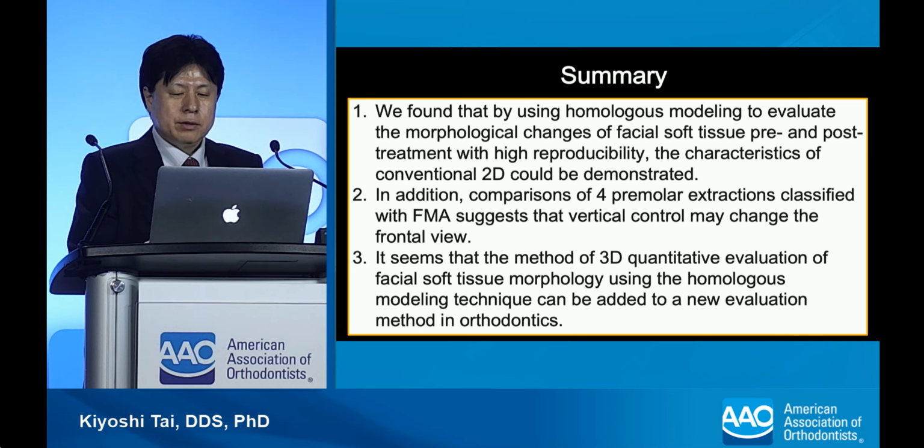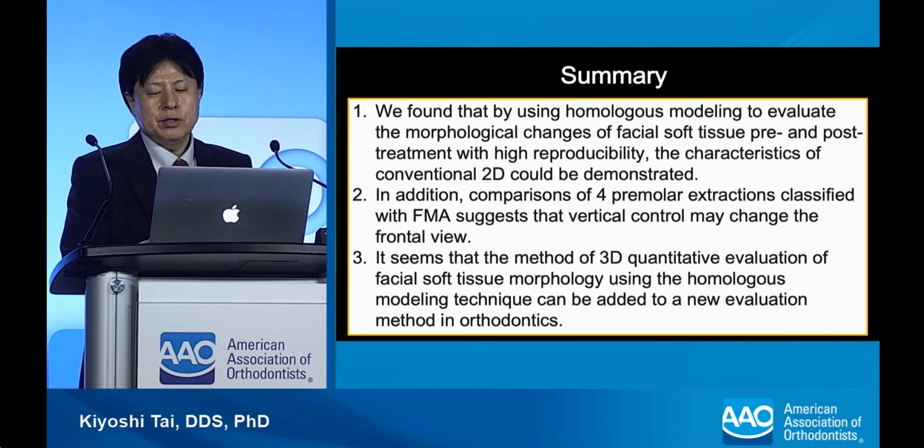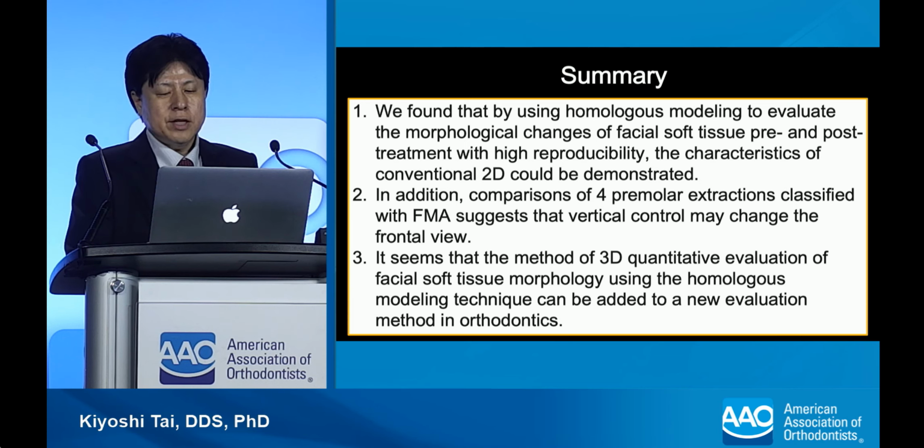Summary. Number one, we found that by using homologous modeling to evaluate the morphological changes of the facial soft tissue pre- and post-treatment, the characteristics of the conventional 2D could be demonstrated.